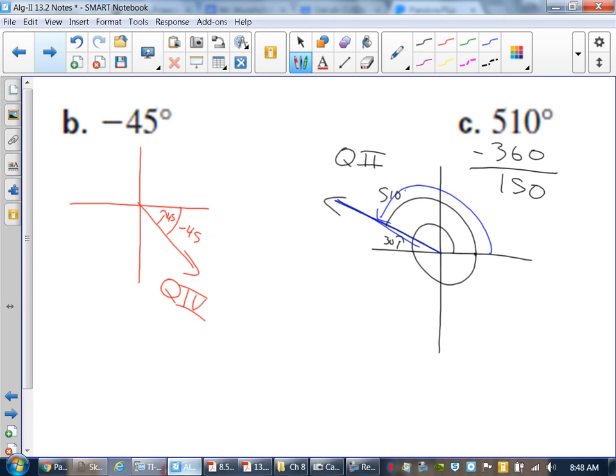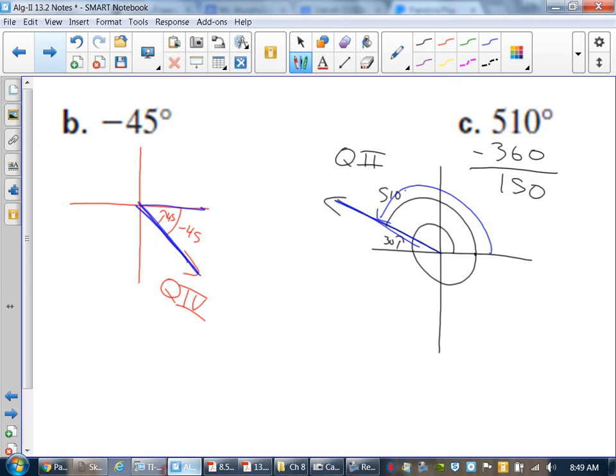They share the same terminal side. Remember, where an angle stops is called the terminal side of an angle. Angles always start at the initial side at 0, and they finish at a certain position, so that's what they call the terminal side.